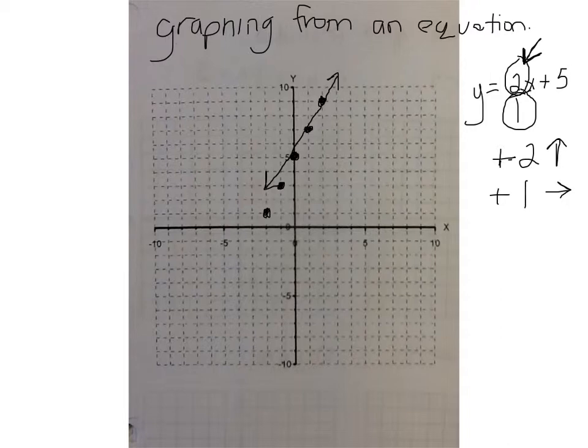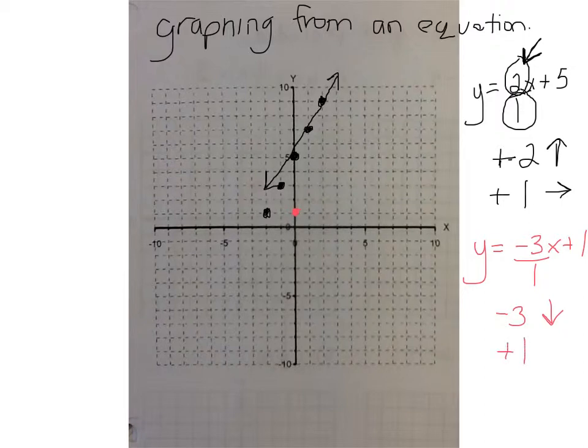Or another example could be y equals negative 3x plus 1. So this one, we start at plus 1, and then the slope is negative 3. So we're just going to put that over a positive 1, because that just gives us a fraction. So the rise, negative 3, goes down 3.